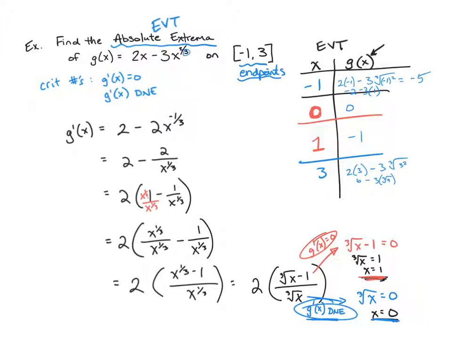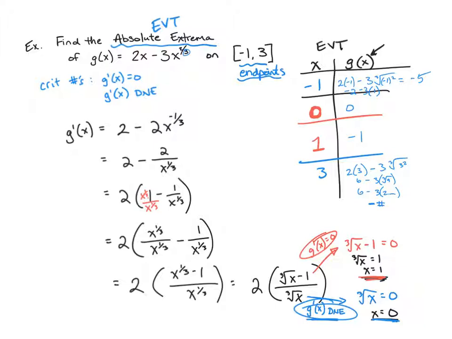Gross. While I may not know what the cube root of 9 is, I know that it's a number bigger than 2 because the cube root of 8 is 2. So 6 minus 3 times a number bigger than 2 is going to end up being 6 minus a number bigger than 6. So this is going to be a negative number, and it's not going to be negative enough to be less than -5.